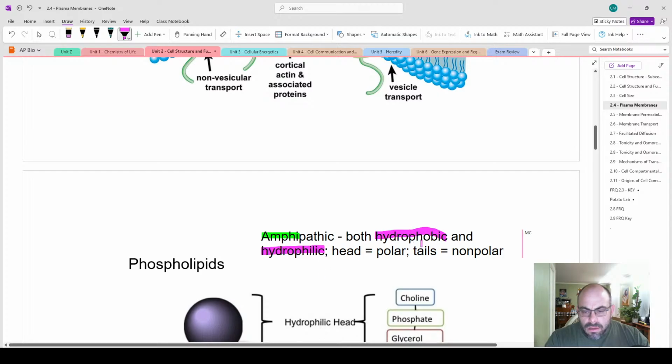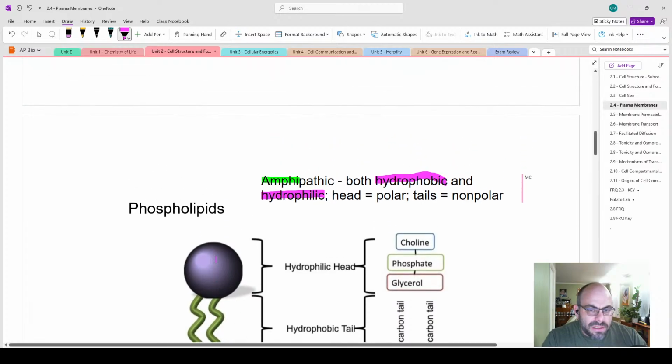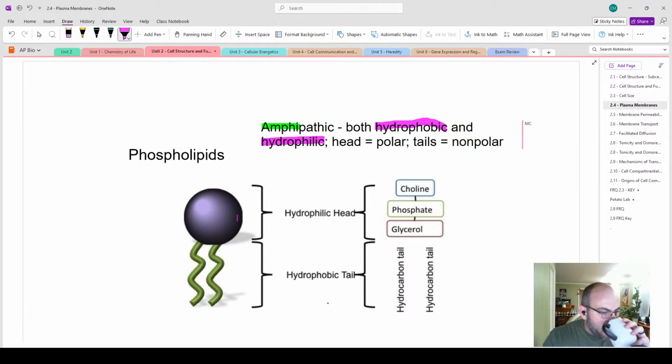So hydrophobic is water-fearing, right? And this would be like a non-polar portion, which is the tail. And hydrophilic, which is a polar portion, is the head. And it's just anything that has both. That's what that prefix amphi means, is both. Pathic, I don't know what pathic means.